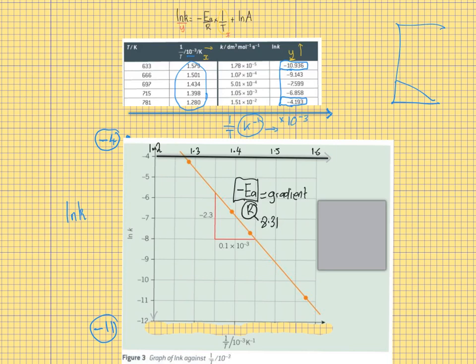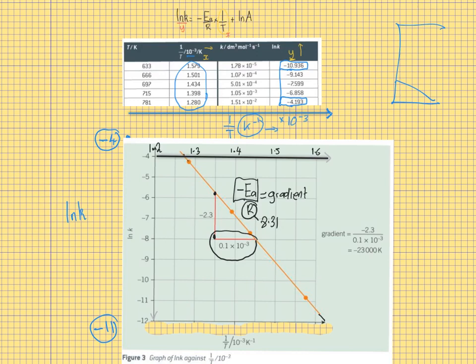You get the tangent, in this case it's a straight line so it's easy, of the gradient, and what we've done here is taken this value here and this value here, which is approximately 6 take away, which is about 2, divided by the y-axis, which is roughly 0.1 times 10 to the -3.